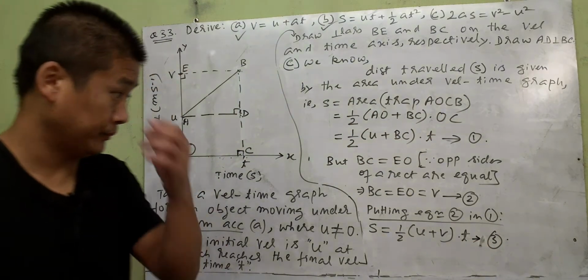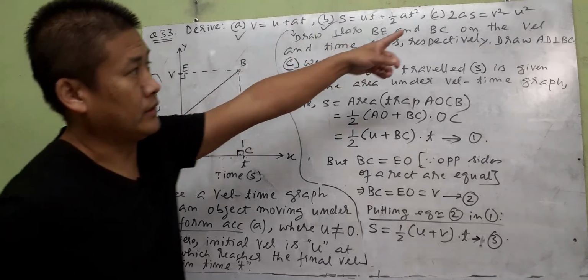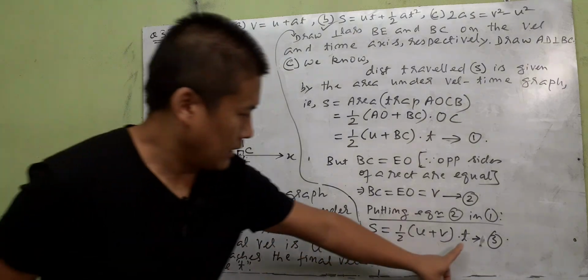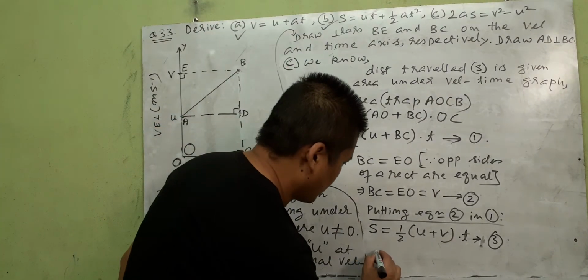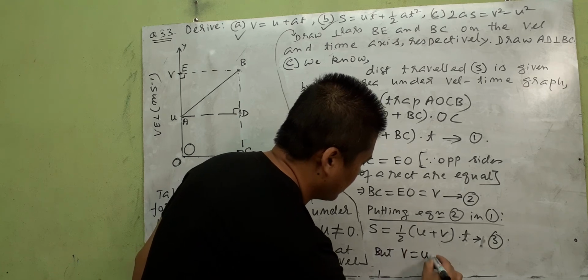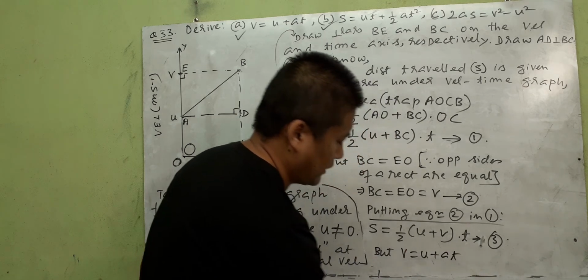Then we are going to have to get 2aS equal to V squared minus U squared. So let us do something about this T. We know the first equation, the famous one, V is equal to U plus AT.